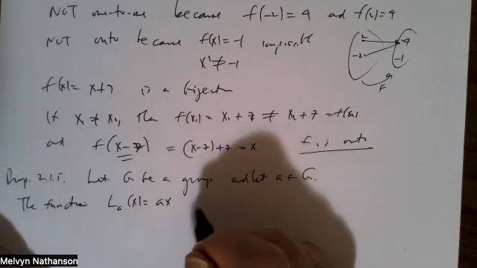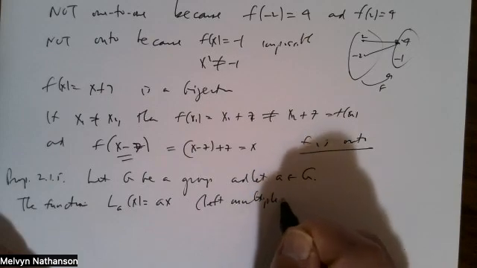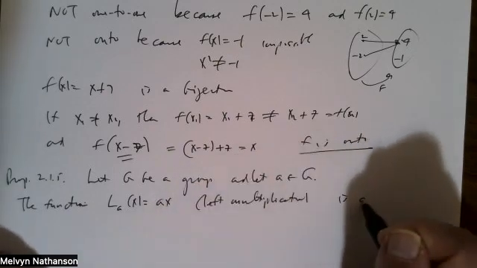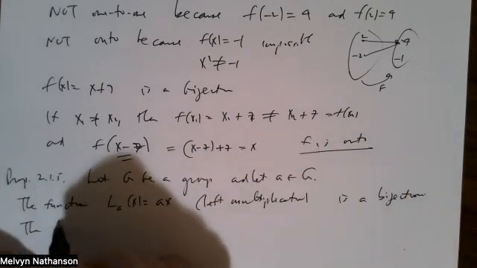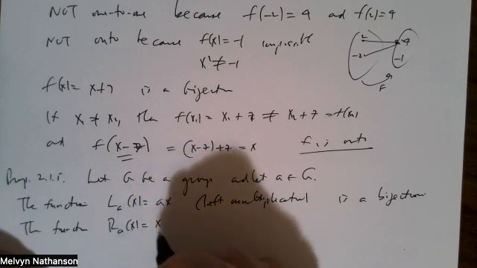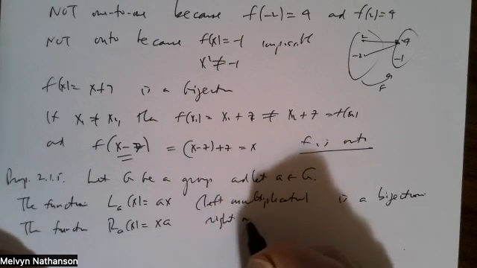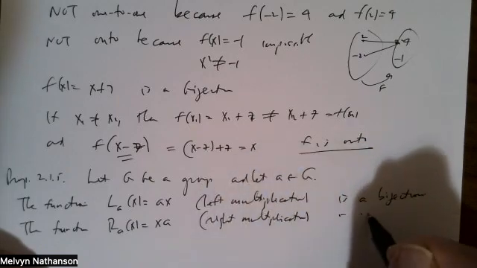So this is left multiplication. The function takes every element x, multiplies on the left by A, and is a bijection. And also the function R sub A of x, where you take an element x and multiply it on the right by A, so this is right multiplication, is also a bijection.